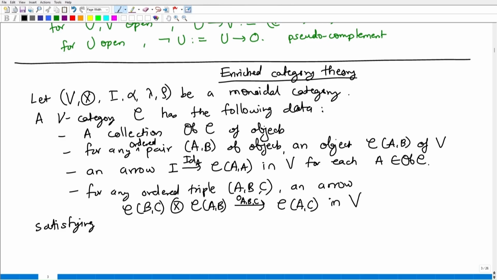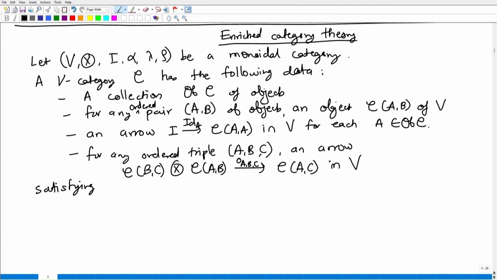Now we have to write the conditions, but tell me, what have we written so far?